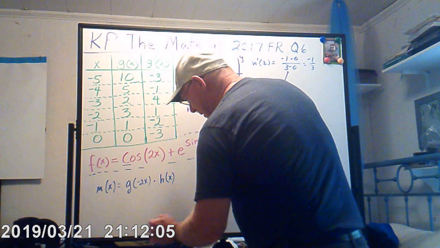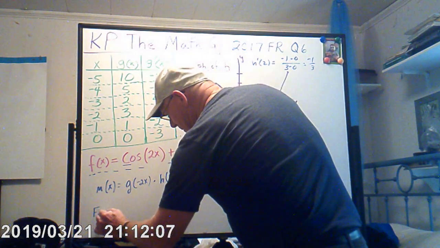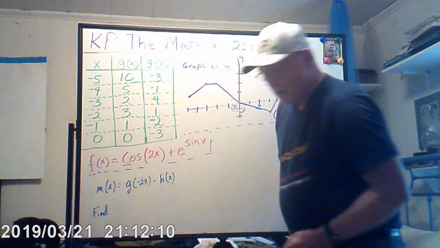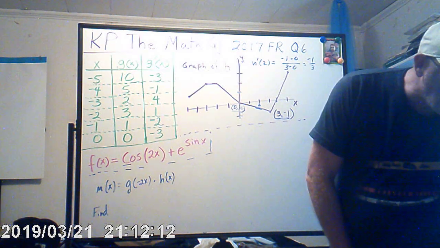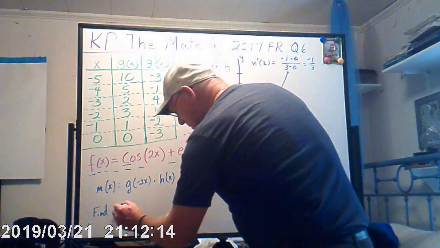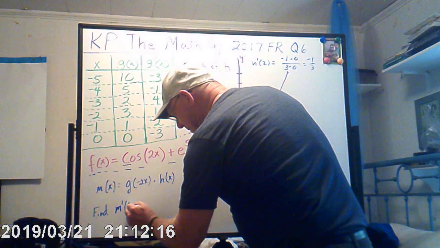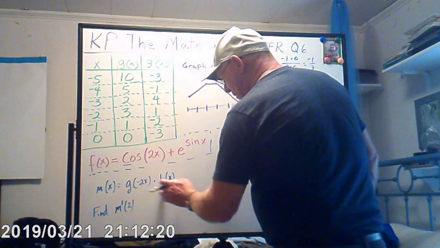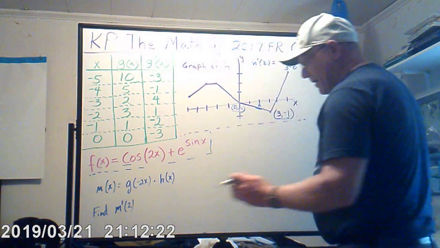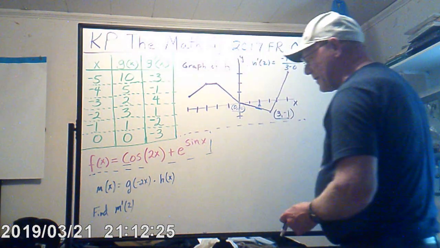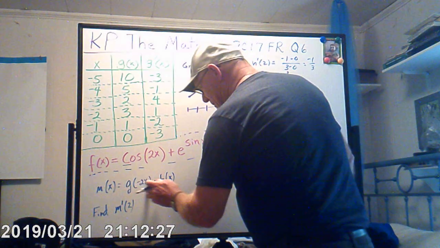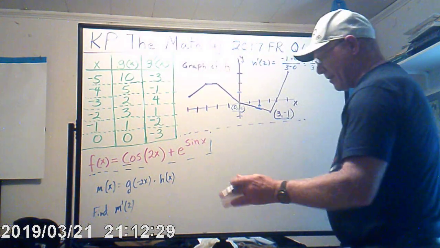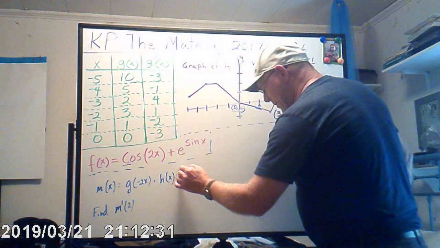That's chain rule, isn't it? So we want to find m prime at 2. I don't put the 2 in there right off the bat, although you probably could if you wanted to, but this is a chain rule, so I'd like to do it this way.